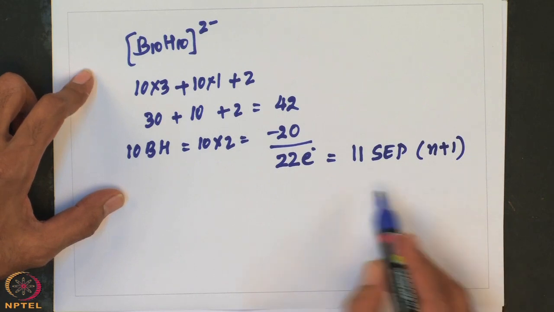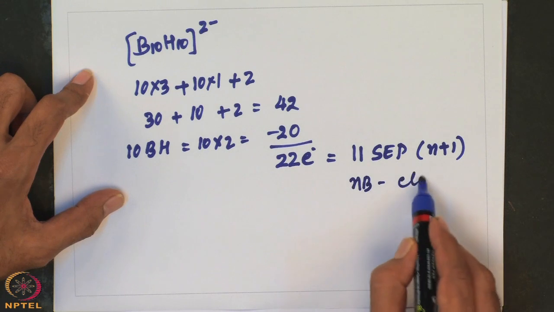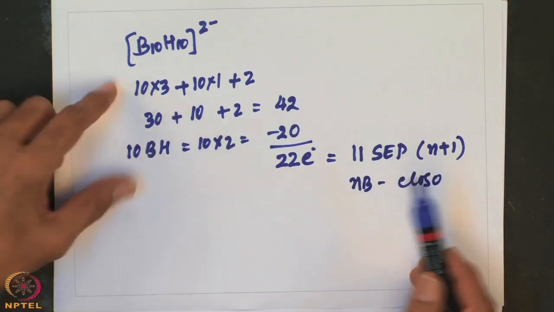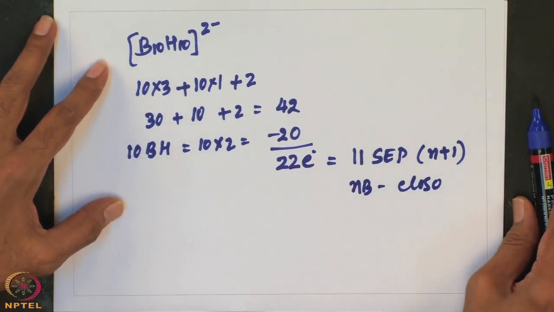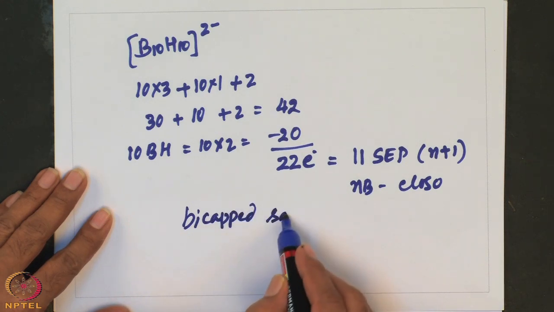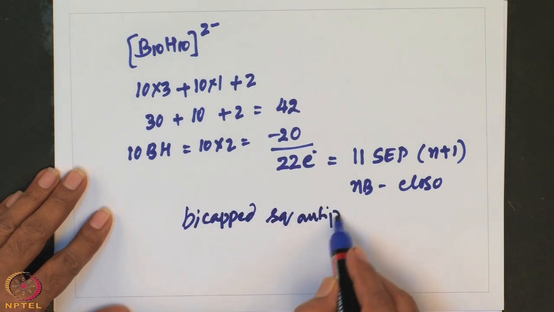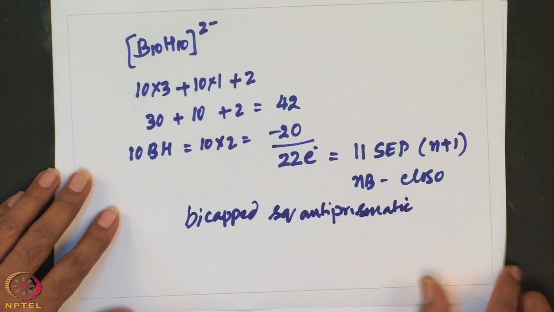So, if we have n boron atoms, this will be closo. Here n is 10. So, this has a closo structure, and it will have bicapped square antiprismatic geometry.